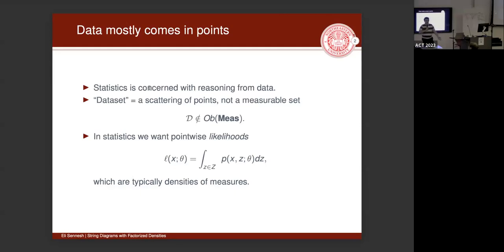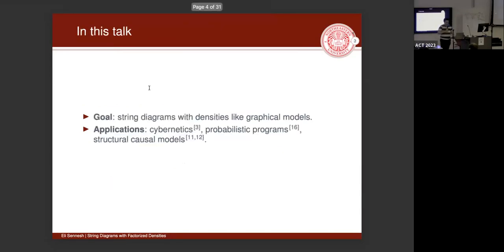So rather than being able to evaluate a measure over it, what you actually want is a density, which intuitively means something like the derivative of a measure around a point. In particular, what we really want is in some sense a likelihood, which is a probability of the data given a parameter. You might be integrating out a latent variable, etc.